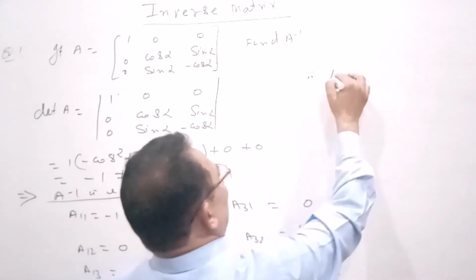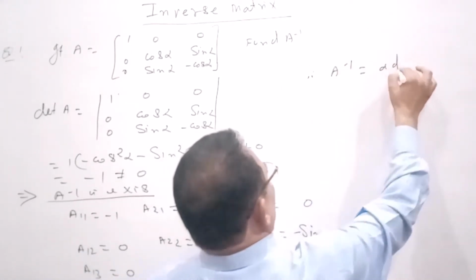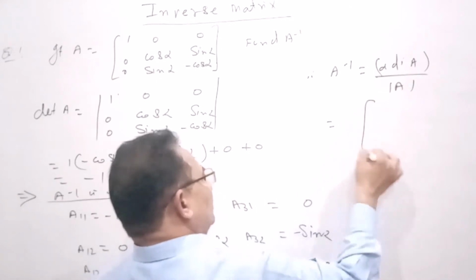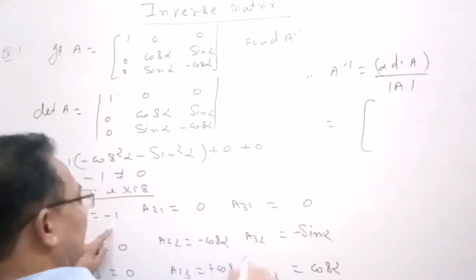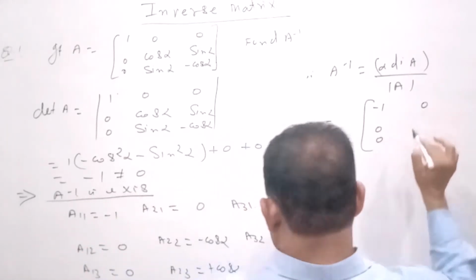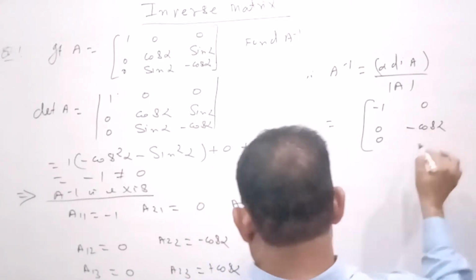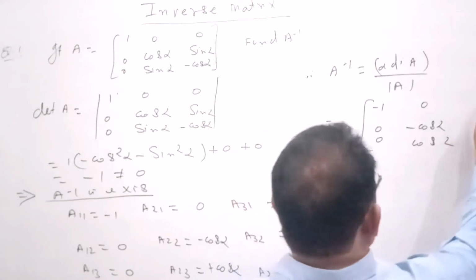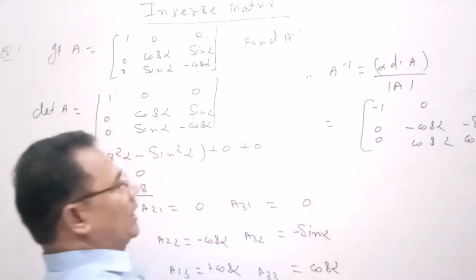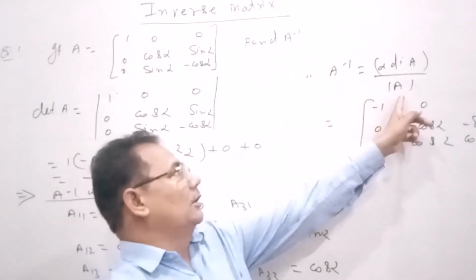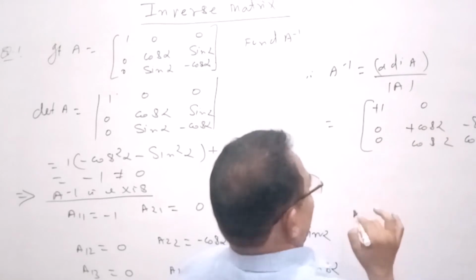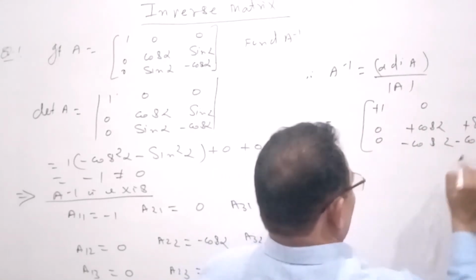So therefore the A inverse is equal to adjoint of A divided by det A, और this is equal to, अगर हम देखें तो -1 और that is 0 0 और 0 minus cos alpha, और that is cos alpha, 0 minus sin alpha, और that is cos alpha, और डिवाइडेड बाई -1। डेल्टा की वैल्यू हमारी माइनस है, तो दिस माइनस को हम अंदर अगर भेज दें प्लस, that is आपका plus, that is minus, that is plus, that is minus.